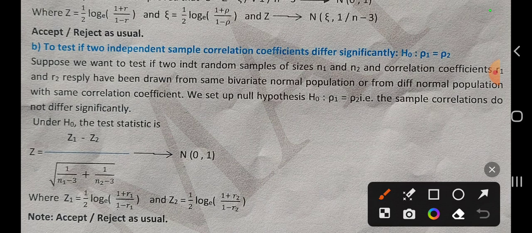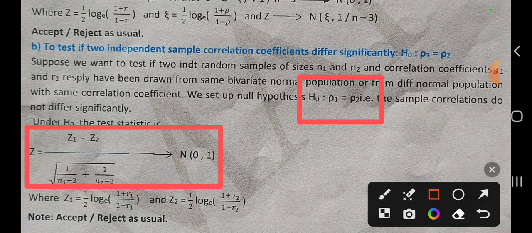So in this case, what do we set up as our null hypothesis? Our null hypothesis is rho 1 equal to rho 2, that is, the sample correlations do not differ significantly. What about the Z statistic? The statistic is Z1 minus Z2 divided by the square root of 1 upon n1 minus 3 plus 1 upon n2 minus 3, which follows normal 0, 1.